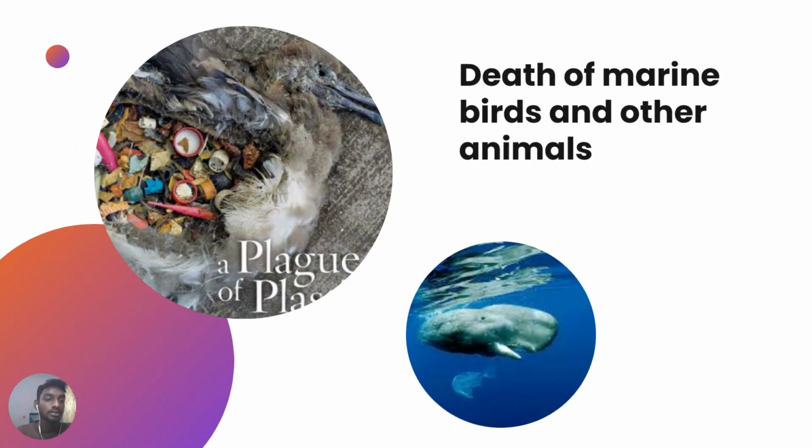Next, the dumping of plastic in the ocean can also cause the death of marine birds and other animals. As you can see in the picture there, the body of the bird is filled with plastics, which is caused by human beings dumping plastic into the ocean.